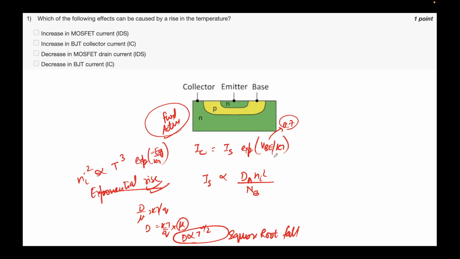So this term will turn out to be negative, and overall this will be an exponential increase. The cumulative effect of the diffusion constant with its square root fall and Ni which rises exponentially, even if you take into account this picture, the exponential rise will still dominate. So Is, and thus IC, will also rise exponentially. So we can see that there will be an increase in BJT collector current. This is the correct option.